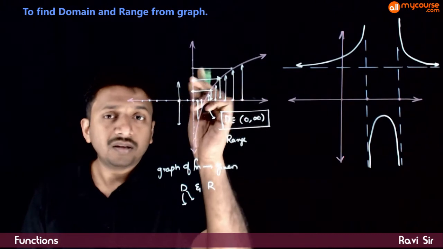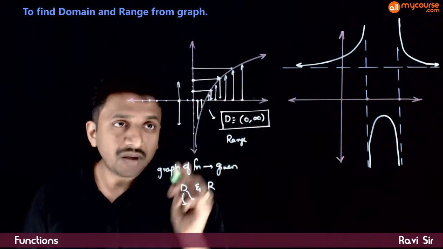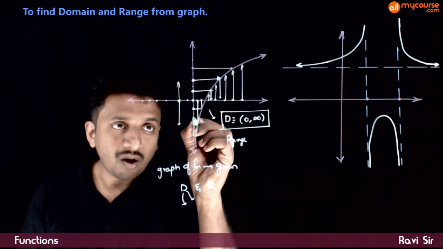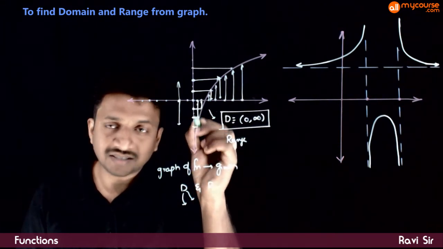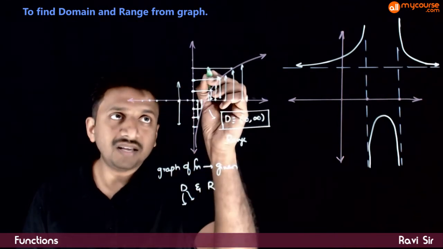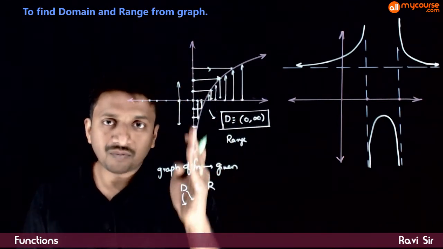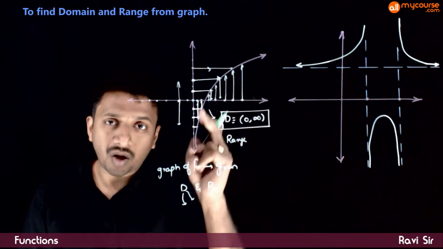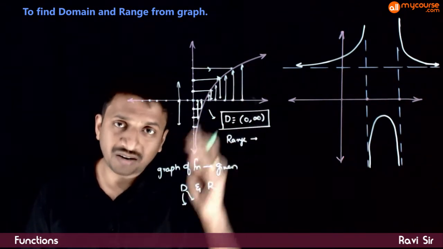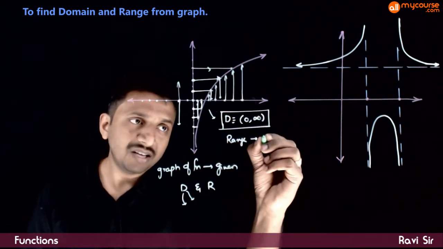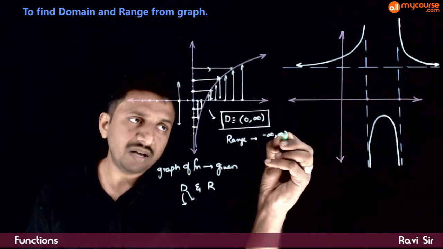So if you want to find the range, you have to find the values on the y-axis corresponding to which an x exists. As you can see, corresponding to every value of y, one or other x exists, and the range of this particular function is minus infinity to plus infinity.